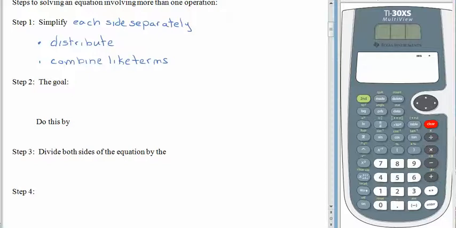All right, after that, we need a goal, and our job is going to be to move all of the variable terms to one side of the equation.